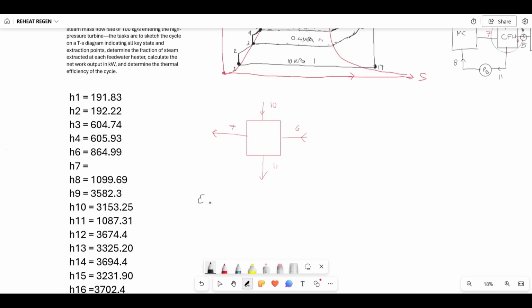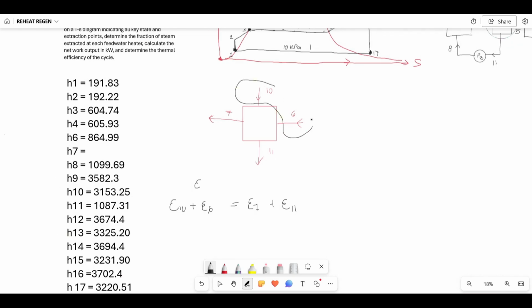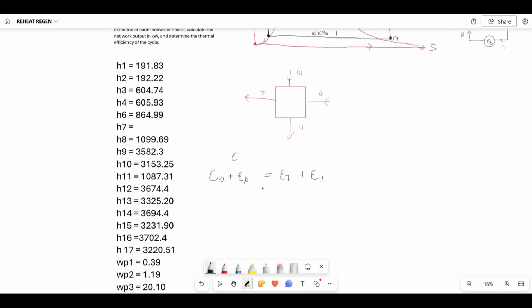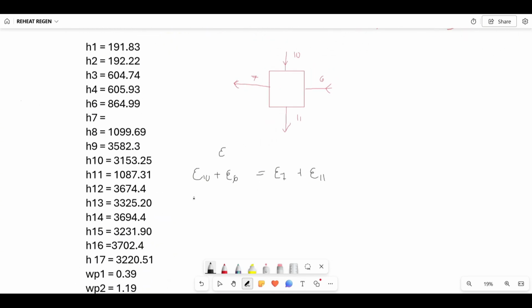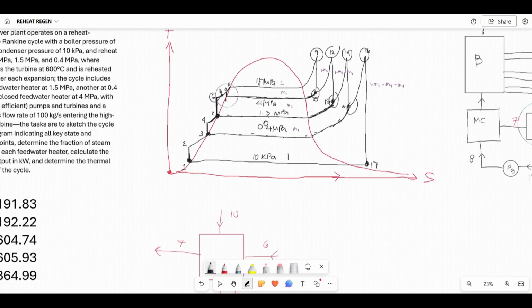So if we do an energy balance, energy at 10 plus energy at 6 is equal to energy at 7 plus energy at 11. Meaning, all input is equal to output, because we assume that the system is perfect, with no losses. If we expand this, H10 times mass, so what's the mass there?